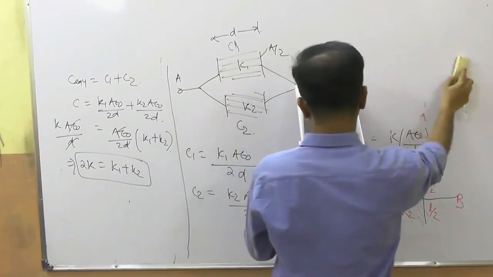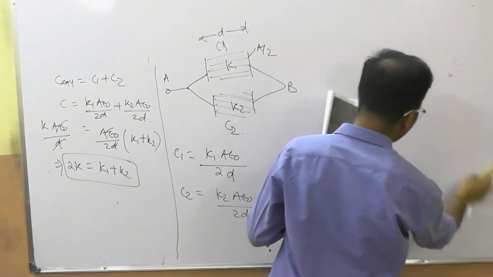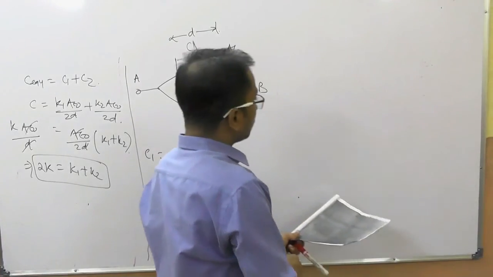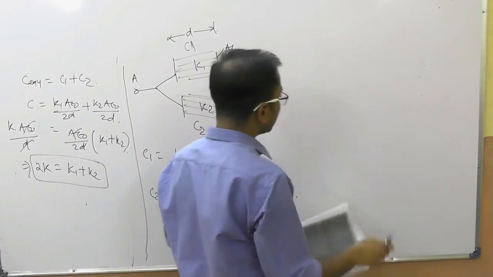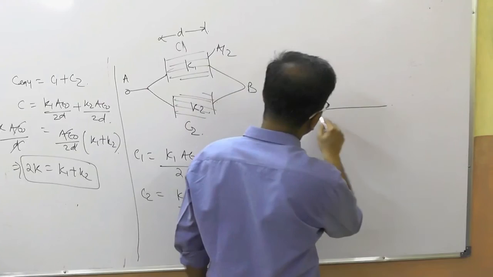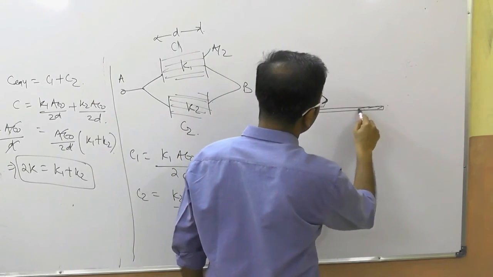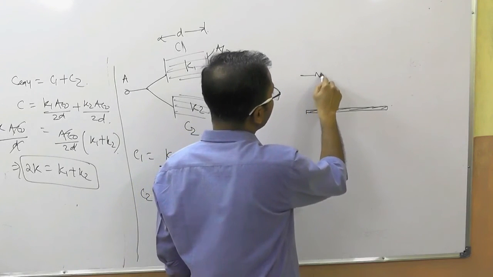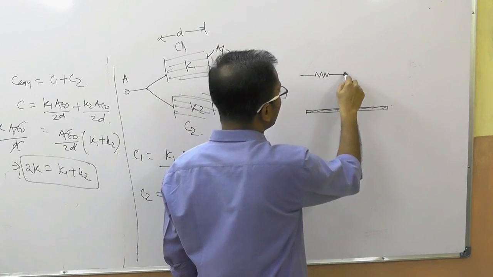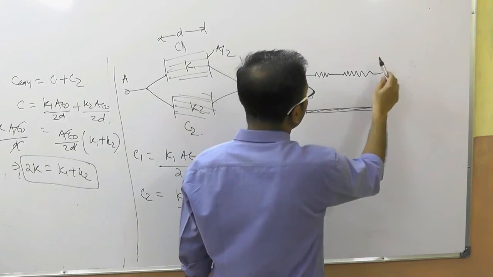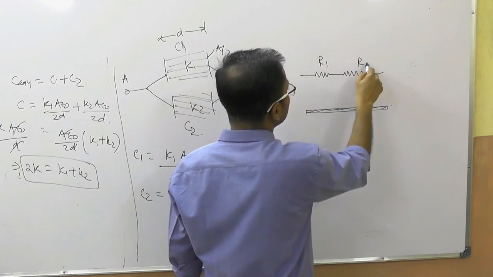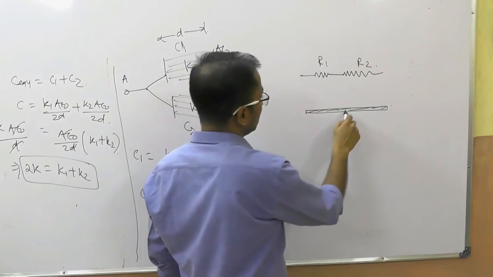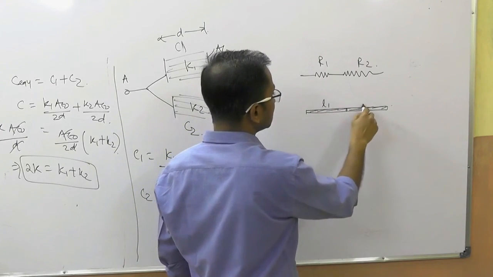So we just have to write that the principle is the balanced Wheatstone bridge. Suppose I have a meter bridge having uniform resistance per unit length. We have two resistances, one unknown resistance R1 and R2. Suppose this length is L1, this length is L2.